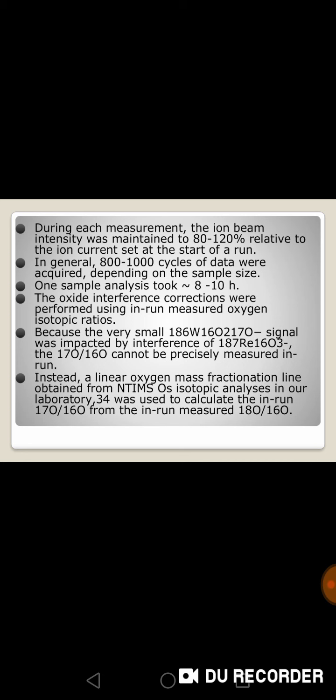Instead, we use a linear oxygen mass fractionation line obtained from the N-TIMS isotope analysis in our laboratory. This was used to calculate the in-run 17O to 16O ratio from the in-run measured 18O to 16O.